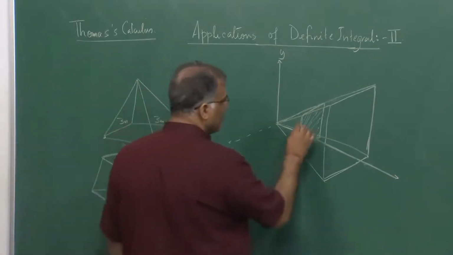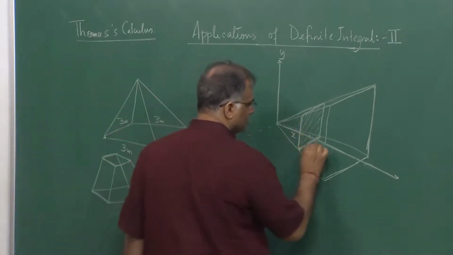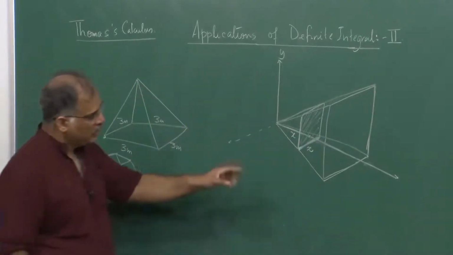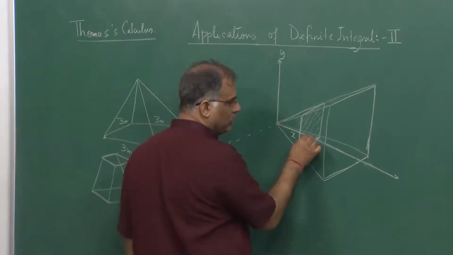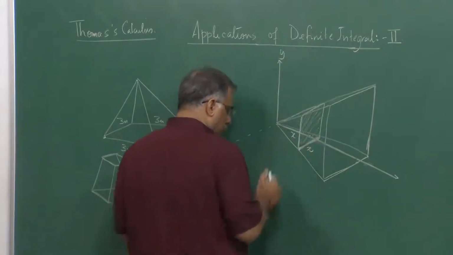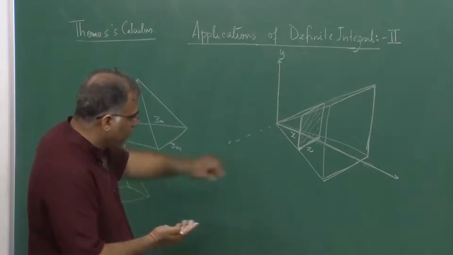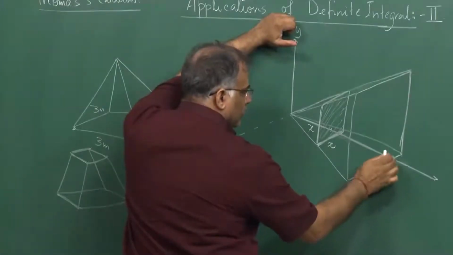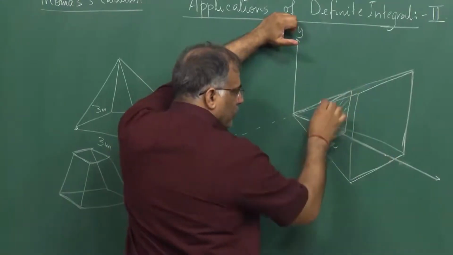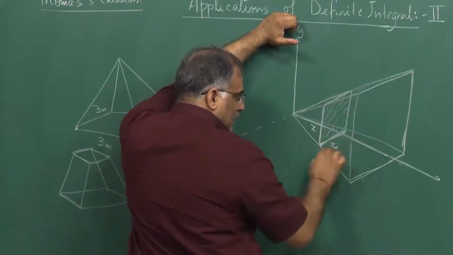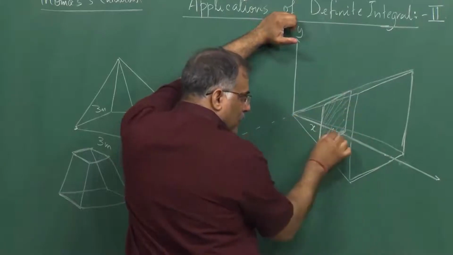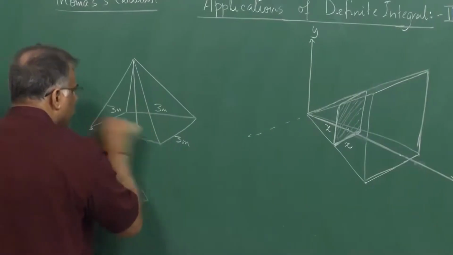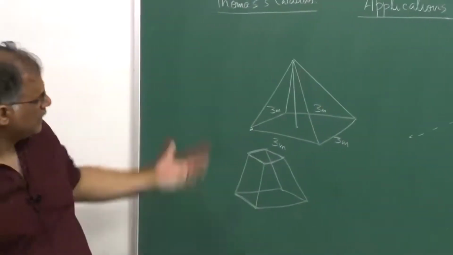So, these are of sides x. That is the very structure, the symmetry of the pyramid, that if you have come x from the origin, then the base of the pyramid is x, so this is actually 3, right. If the base of the pyramid has sides x, the square, then the height of the pyramid is x. Basically, if this is 3 meter, then this height is also 3 meter. This is how a pyramid is made.